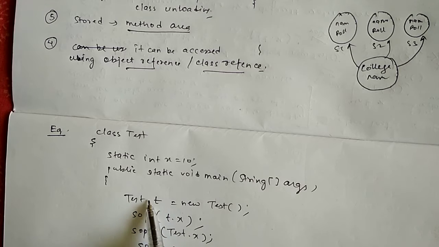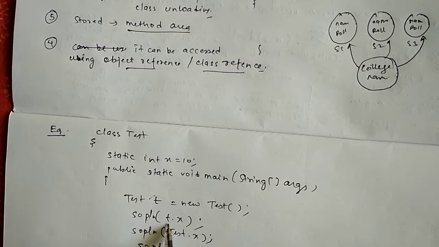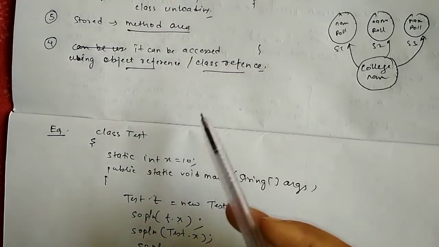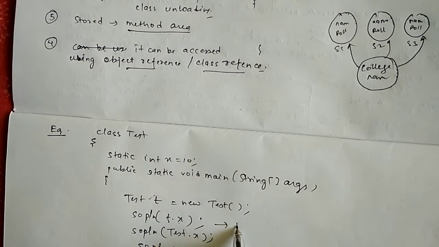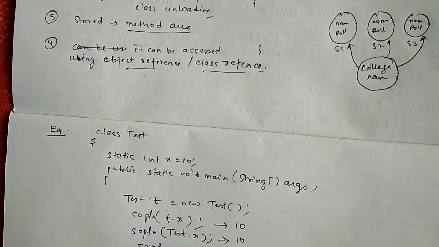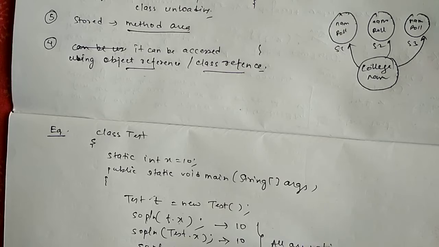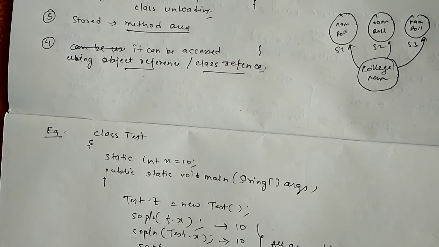This is the object reference of the Test class. If we try to access it using the object reference, we can use it, and the output will be 10. If we use it using the class reference, Test.x, then also it is valid. And if we want to use it directly, this is also valid. So all are valid here. These are all the ways we can access the static variable.